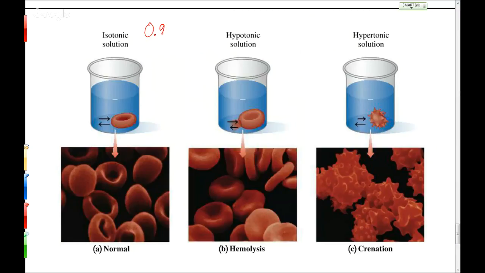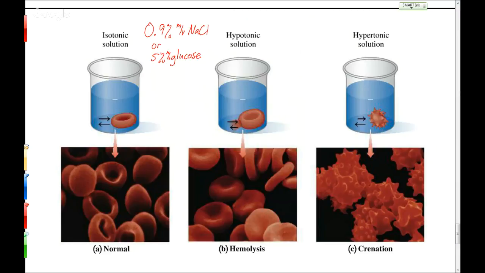An isotonic solution can be described in a few different ways. It is a 0.9% M over V sodium chloride solution. So 0.9% mass by volume. Or a 5%, also M over V, glucose solution.